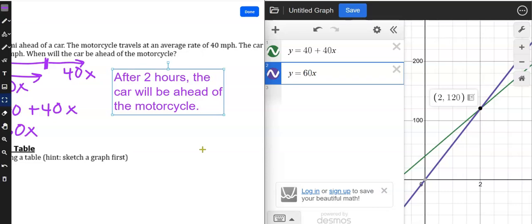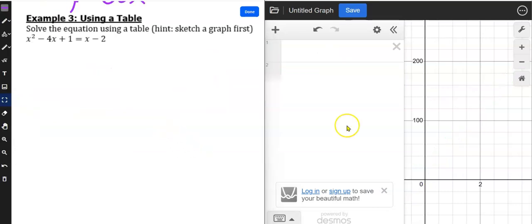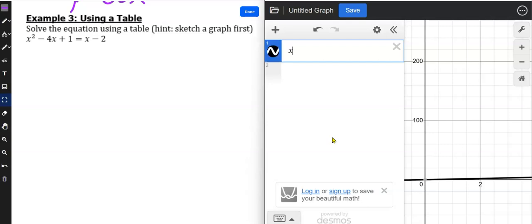All right, let's look at the next situation. Okay, so in this question, it says solve the equation using a table. I'm going to tell you right now, graphs are tables. Graphs are just visual representations of tables. So I feel like we're wasting a little bit of time if we don't just use the same strategy we had before, right?